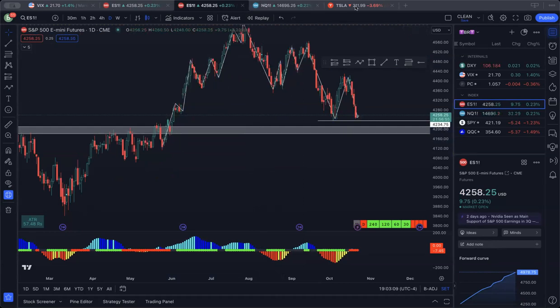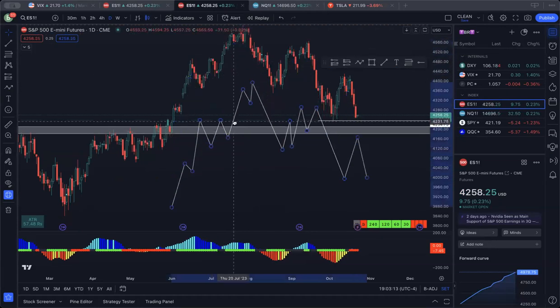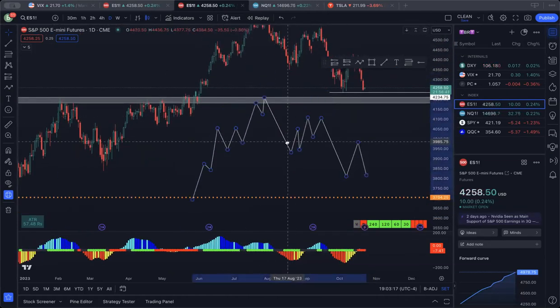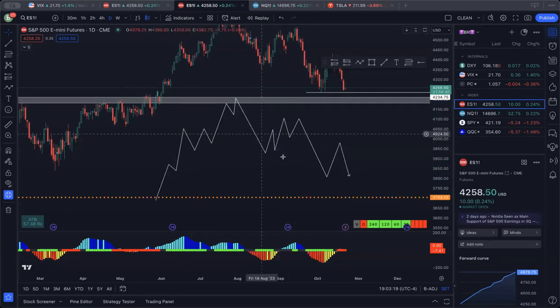So make sure this is recording. Cool. Okay. So pull this down and we can take a look at structure. This is where we're currently at. You can notice first we had an uptrend, right? So we had higher low, higher high, consolidation, higher high, consolidation, lower high, made a lower low, and now we're making another lower low.